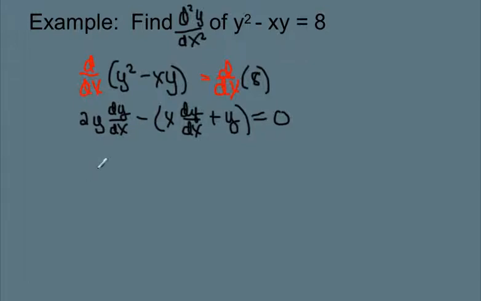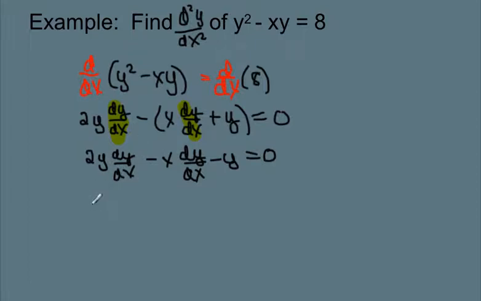Okay, so now we're going to try to isolate our dy/dx here. Let's just clean this up and distribute out first, and then I'll isolate it. So I've got 2y dy/dx minus x dy/dx minus y equals 0.